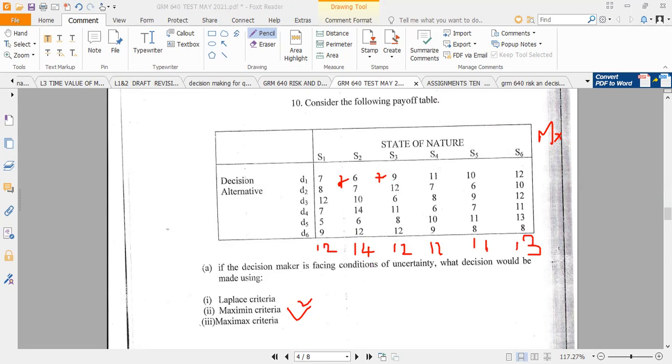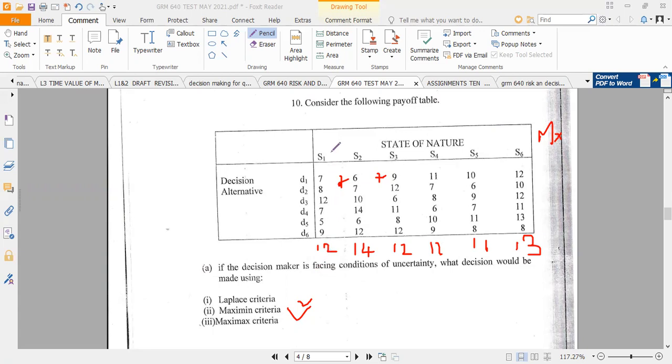When you find the highest value, what do you do? You subtract the numbers under each state from 12. Good.